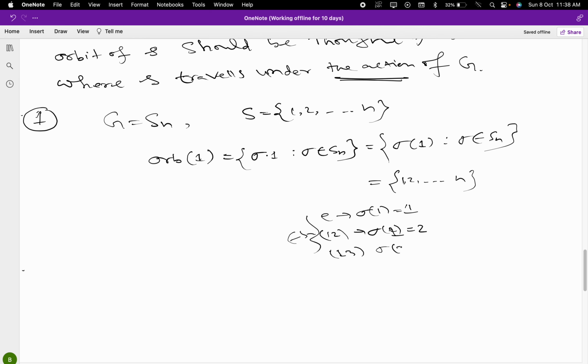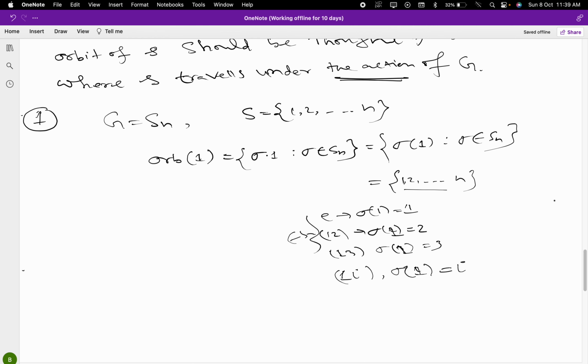So for any i, you take the element 1 i, and sigma of 1 goes to i. So every element will be covered.